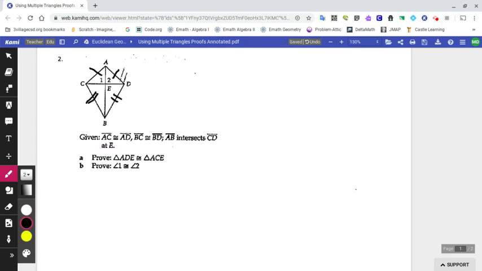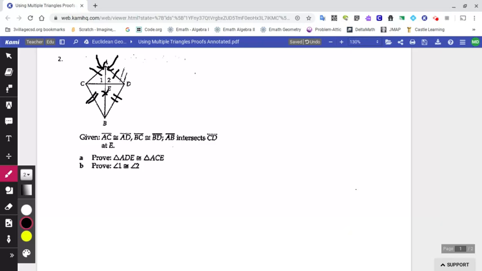But what I can do is get the two biggest triangles, ACB and ADB, congruent by side, side, side, because I've got AB by reflexive property. Once I've got those two bigger triangles congruent, I can use these two angles up here at the top, CAE and DAE, which will be congruent to each other.